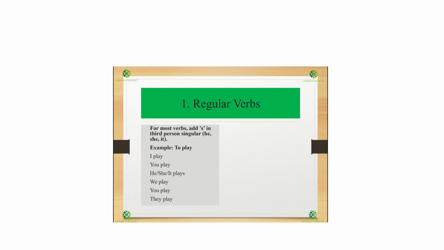When you have she is a doctor, you can change to they are doctors. When we have he plays, the plural could be they play. I think here you go. Just adding an s. We have another example here, to read, which is reading a book. You say, I read, you read, she, he, it reads, we read, you read, they read.